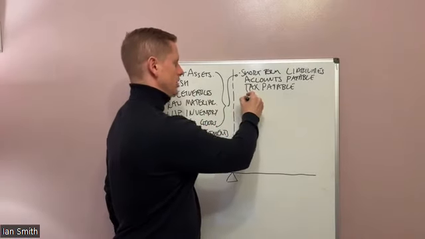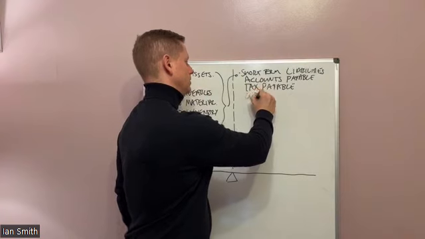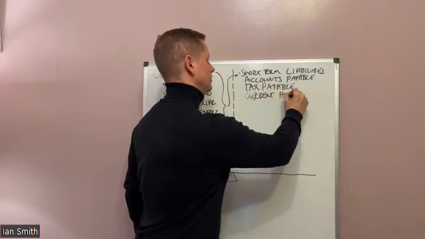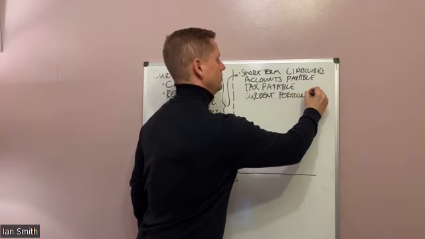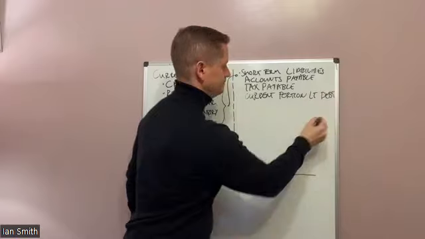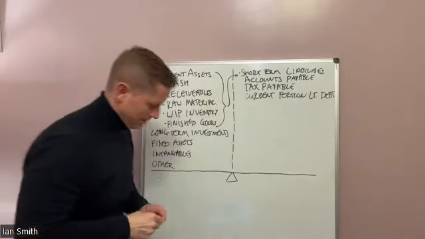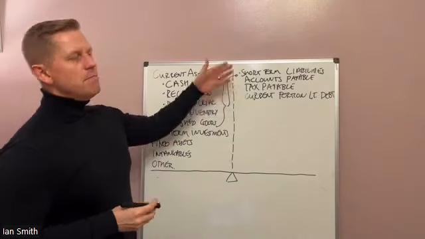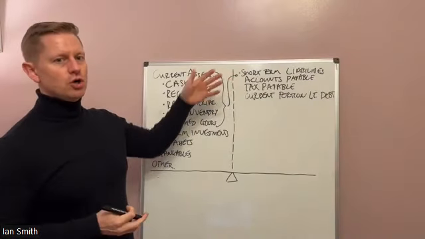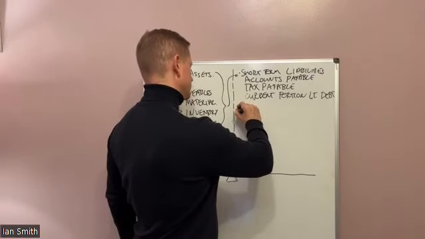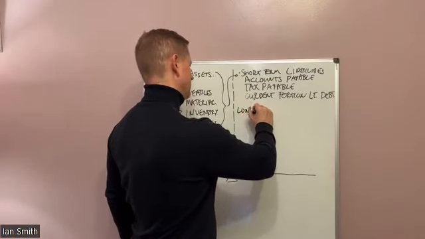So this is, I'll just call it current portion of long-term debt. So there are the main elements of the current liabilities. And then you have long-term liabilities.